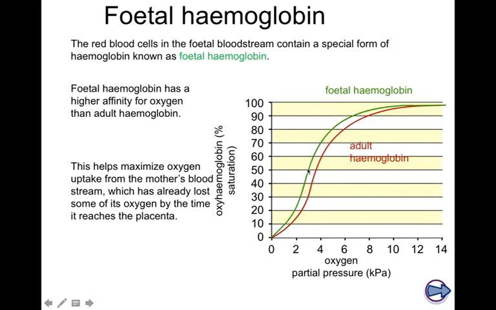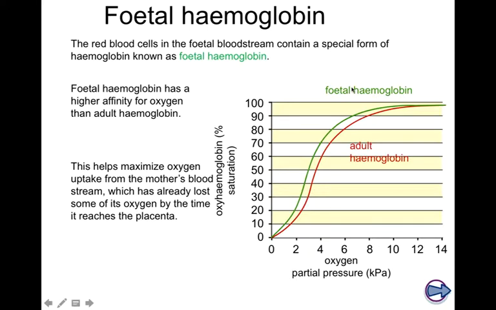Now in this case, the reason why this is an advantage is that the fetus is getting its oxygen from the mother, but it means that the fetus is able to associate more oxygen at lower partial pressures.